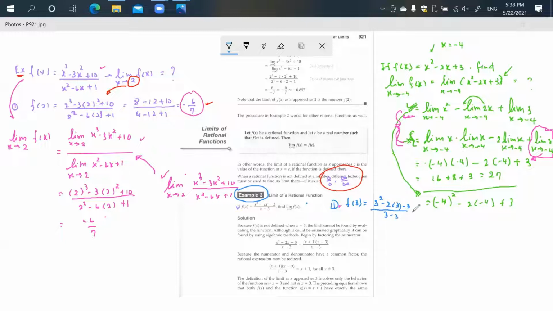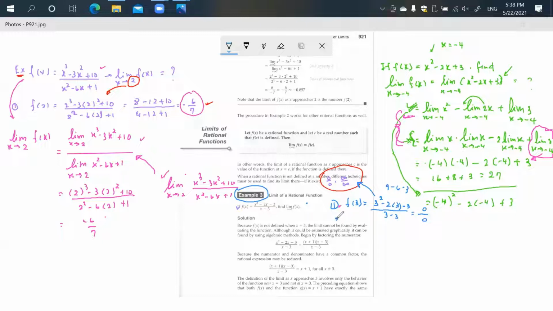You see the bottom becomes 0, so undefined, right? And the top is 9 minus 6 minus 3, so it becomes 0 again. So they come back to this condition again. So the first step couldn't do it.